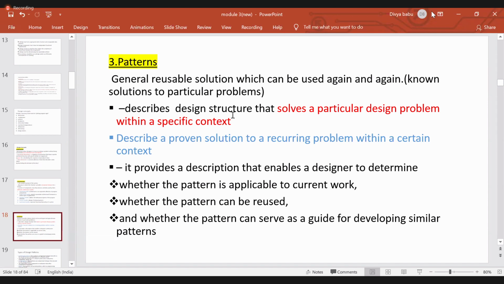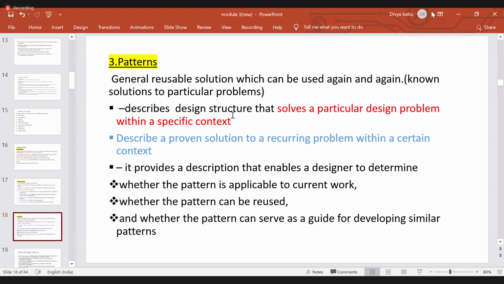If you do proper domain analysis, then you can identify the reusable part, meaning you divide into different modules and reuse the modules.